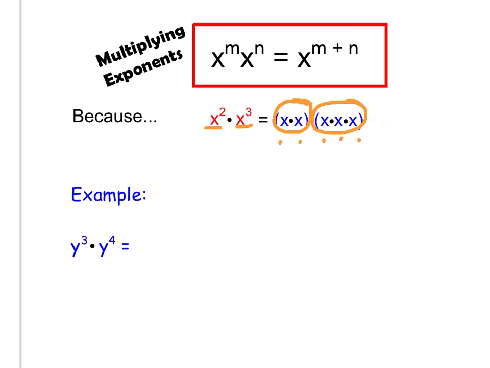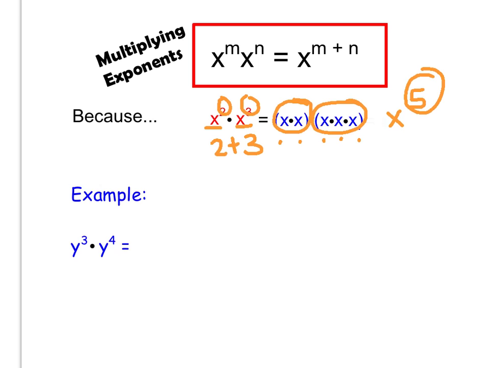I have x multiplied 5 times, which is x to the 5th power. And if I look back at what I started with, my exponents, I had the 2 and the 3, and if I add that, I get the same exponent as what I got in my answer. So that explains why it makes sense to add the exponents when you're multiplying them.